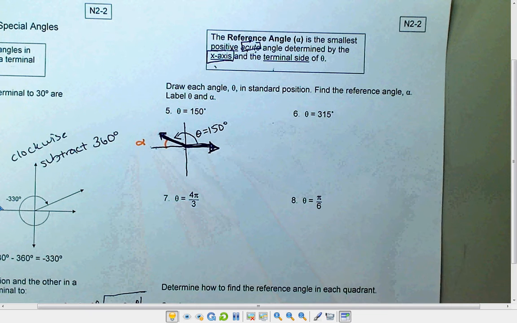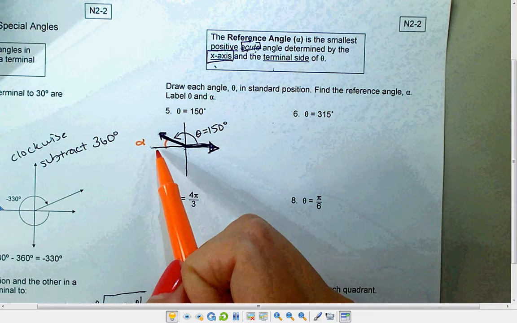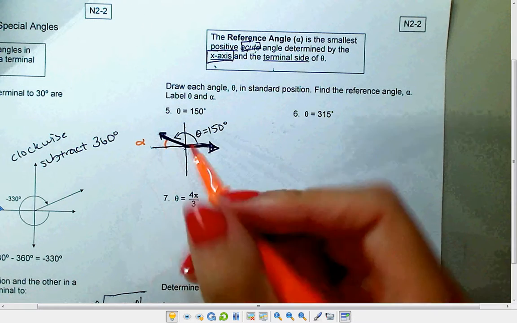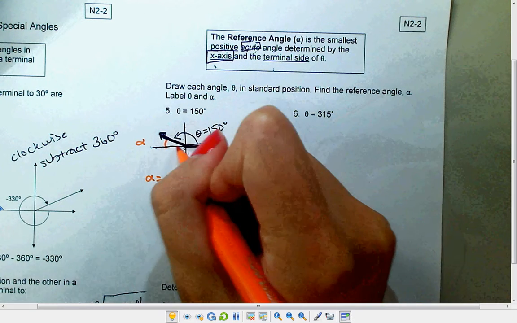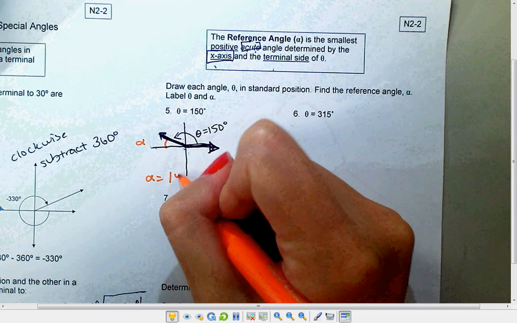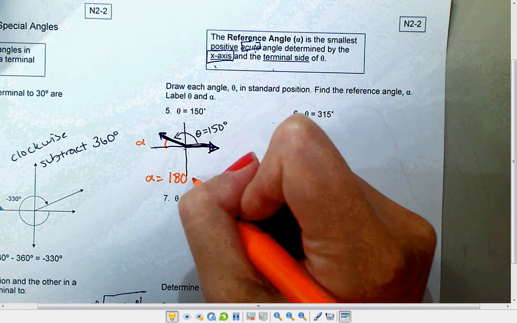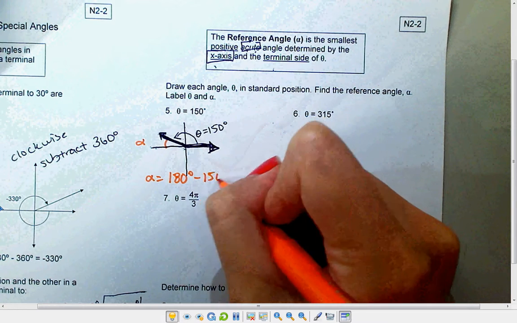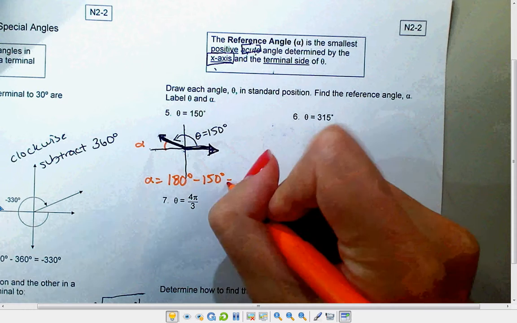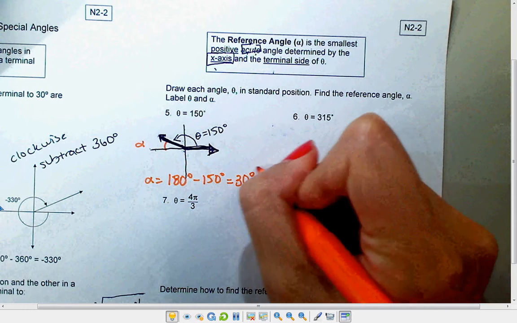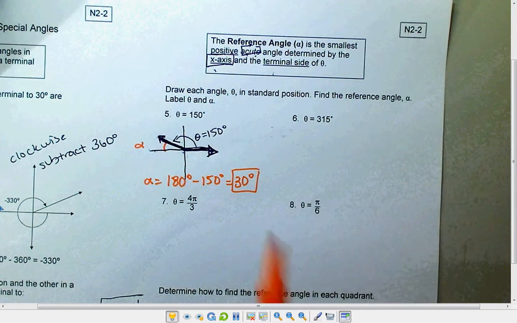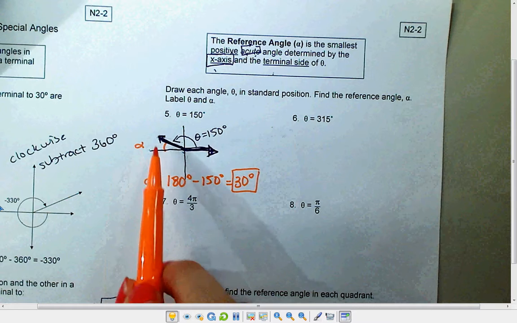To find this, I want to see the difference between right here and right here. This line is 180 degrees, and I'm going to subtract the 150 degrees to find out what I have left in between them, which is 30 degrees. So my reference angle here is 30 degrees.